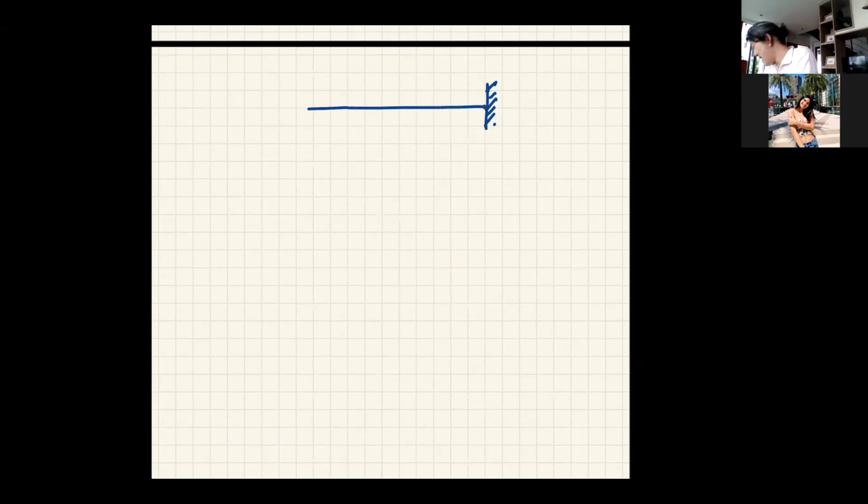Okay, and that is this couple that is producing moment equal to 400 kilogram force meter at the location 1.5 meter. And the beam is like 3 meters long.